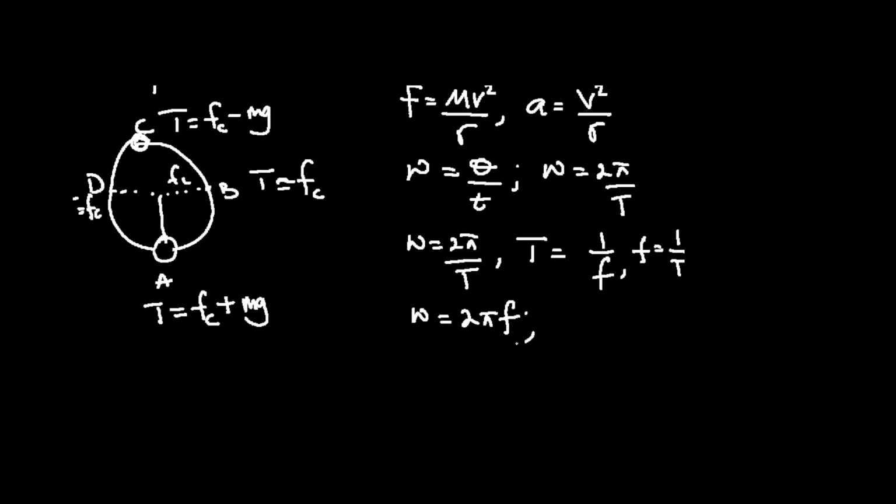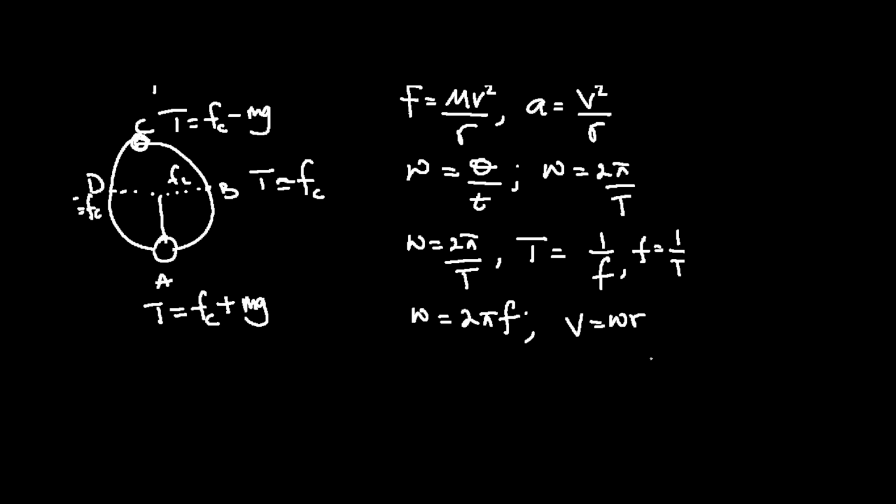Another equation you need to know is the relationship between omega and the linear velocity, which is that velocity is equal to omega times r. Are we together now? Was it supposed to be omega or omega squared r?